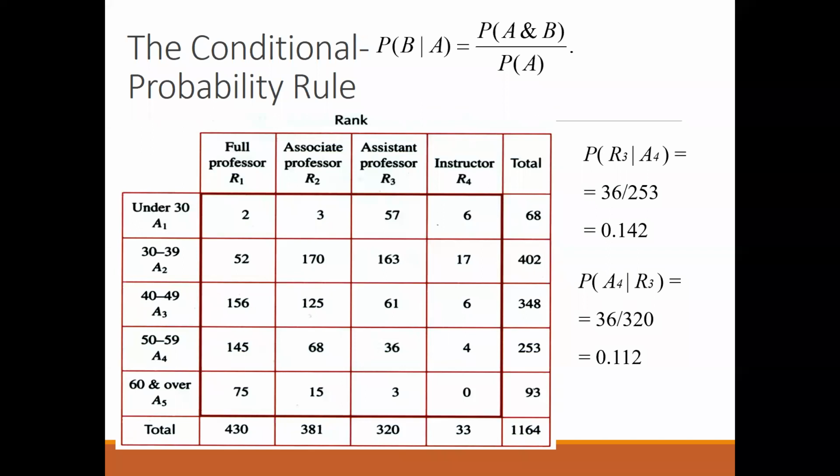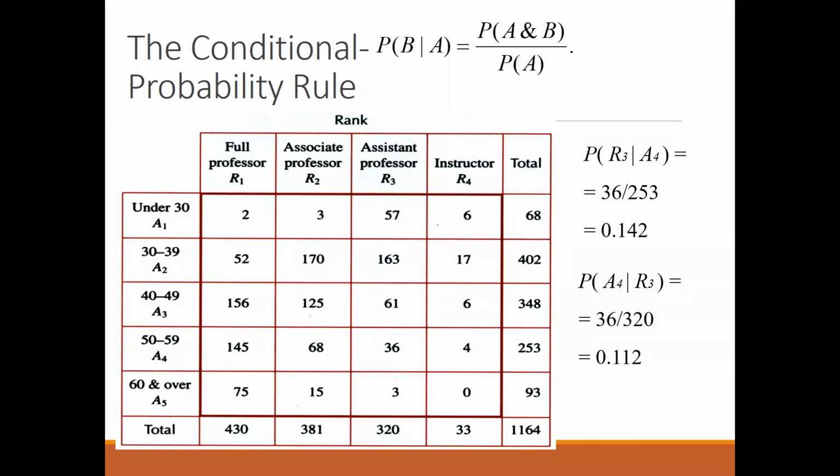So if I tell you to find out the probability, can you find out now from the given table only? Find out the probability that R4 occurs given A2 has already occurred.